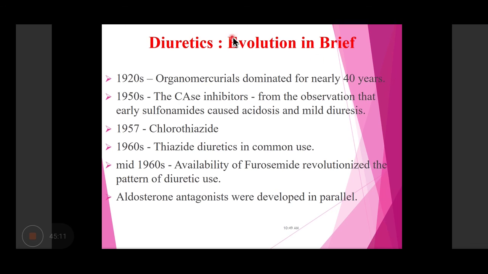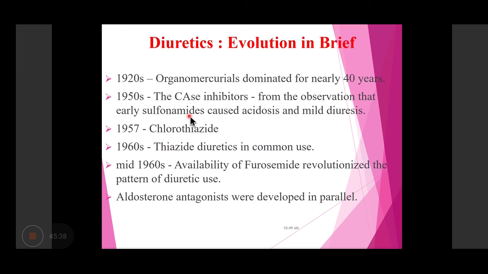There is a little bit of history which I will not bore you with. So just quickly I'll tell you that first of all, there were organomercurials in the 1920s, and later on carbonic anhydrase inhibitors, they were the first diuretics. And interestingly, they have a structure which is very similar to the sulfonamide antibiotics.